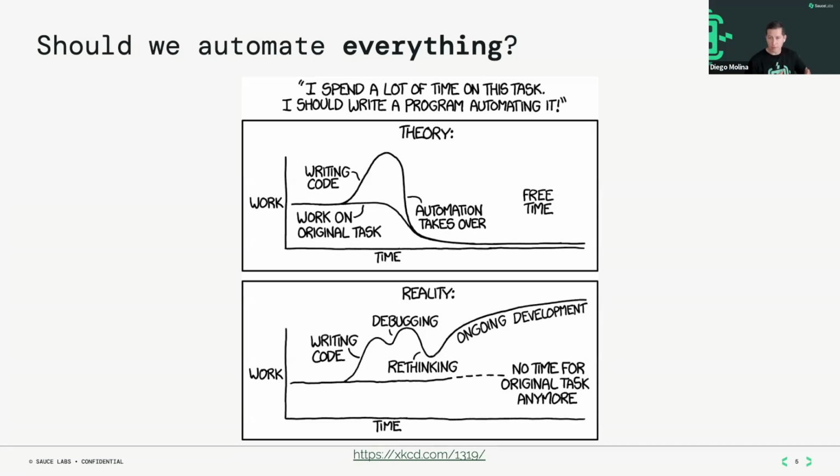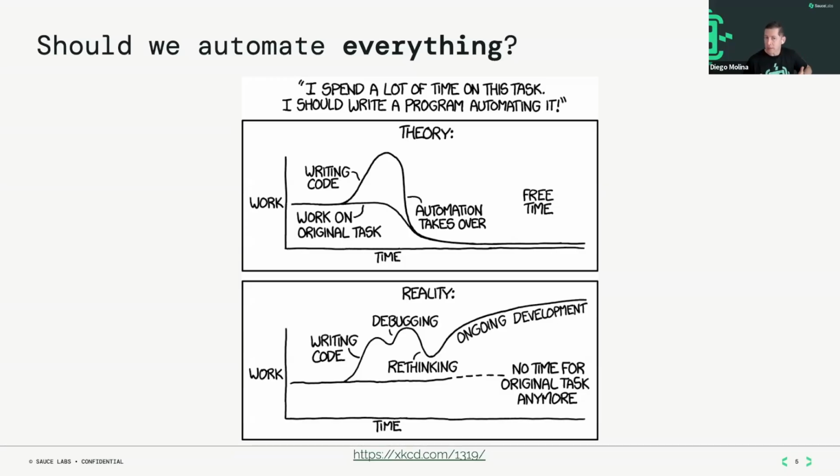Because when you have manual tests scripted in whatever tool you have, the first thought is to start taking them one by one and following the same steps and automating those tests.